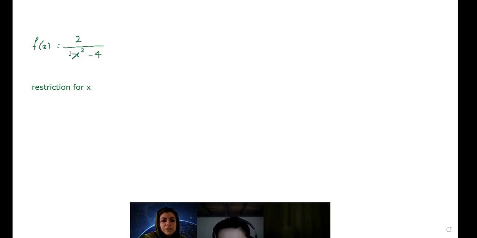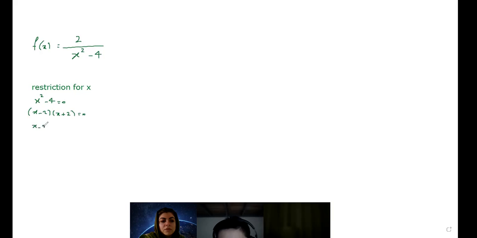How do we find the restriction? You just put the denominator equal to 0, because we cannot have 0 in the denominator. In factor form, it's going to be x minus 2, x plus 2. You set it equal to 0.